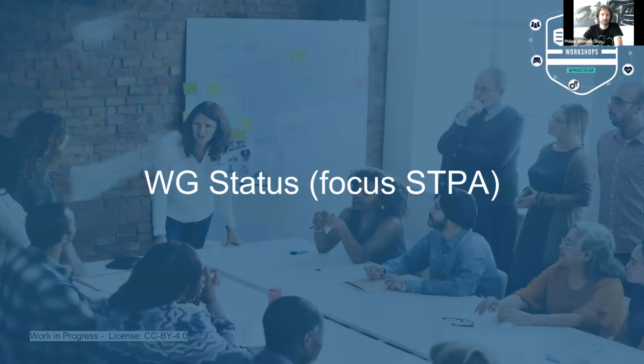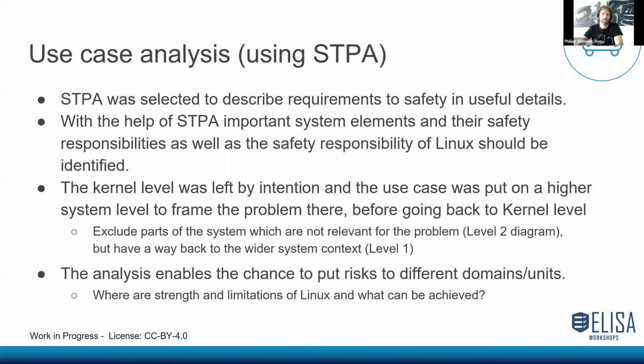And so from the status, we had focus on the system theoretic process analysis, STPA, for getting better requirements to the system, the constraints, so also Gab was mentioning it. And we used this to identify important elements of the system, see which safety responsibility they get and what of this should go to Linux, what should be to other components.